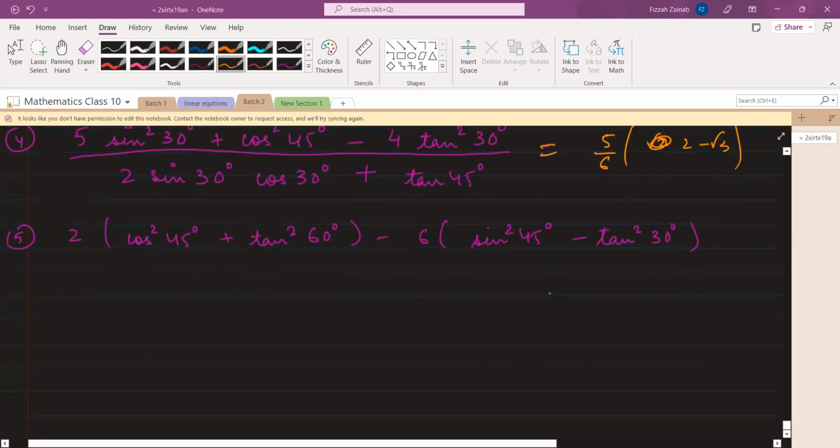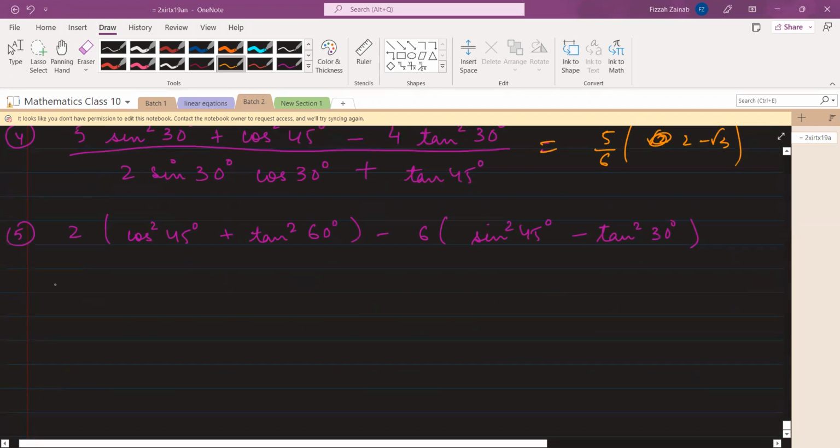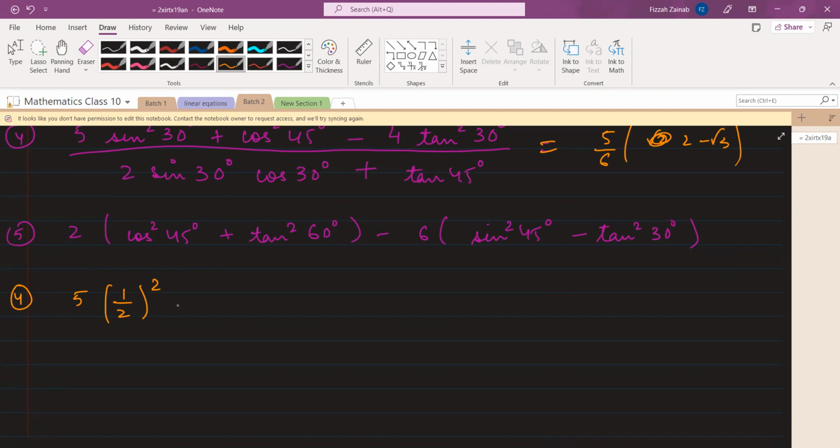Anyway, so let us solve it. The fourth one. 5 sine square 30, right? So sine 30 is half, so half whole square plus cos 45, which is 1 by root 2, so this is 1 by root 2 whole square, right? Minus 4 tan 30, so 1 by under root 3 whole square.